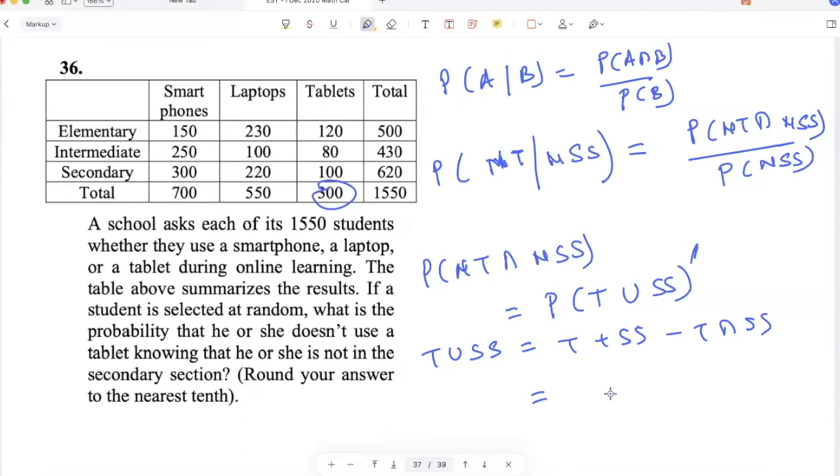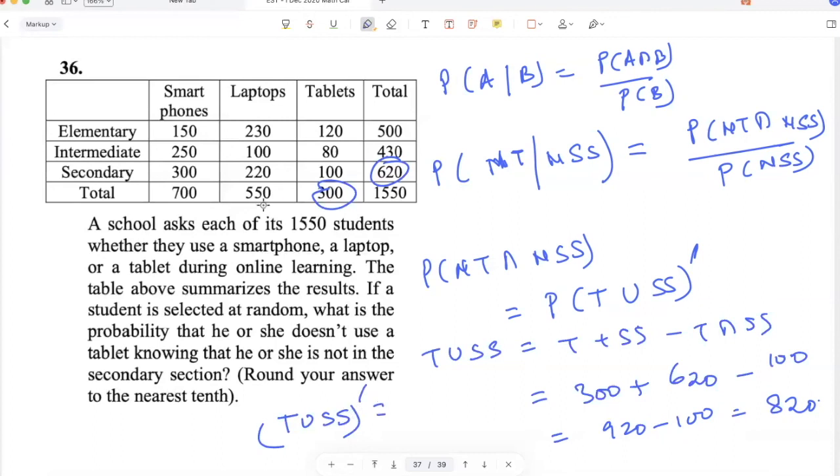Total tablet is 300. Total secondary section is 620 and the intersection is 100. So 920 minus 100 is 820, right? So T union SS complement would be 1550 minus 820, which is 730. Okay, so that's the numerator here.